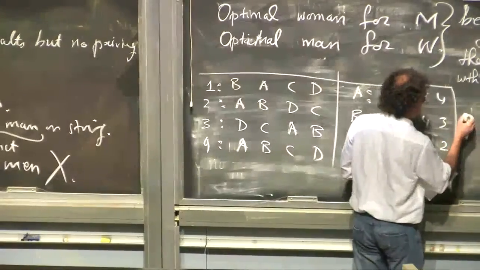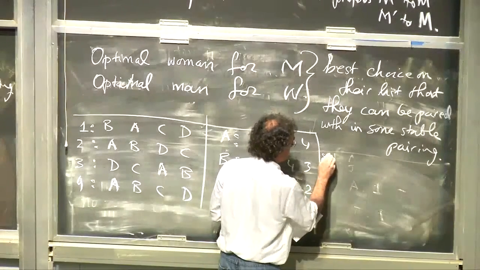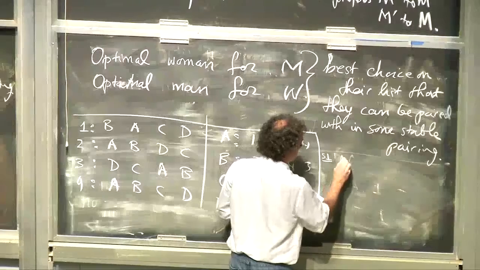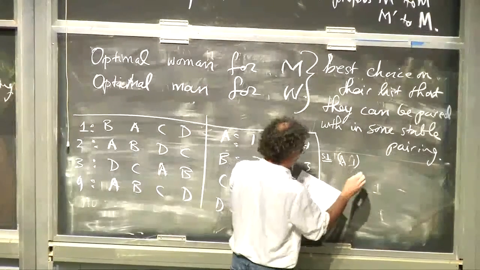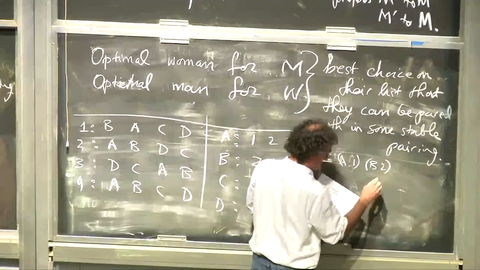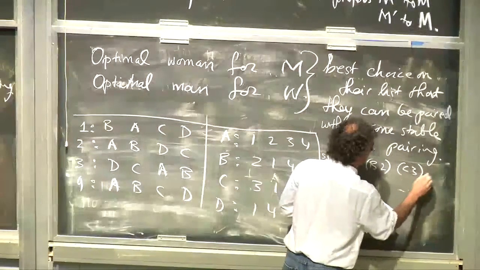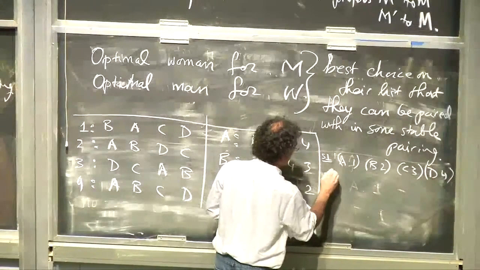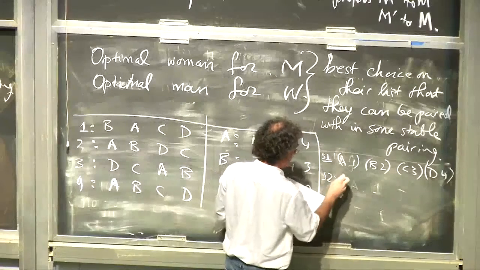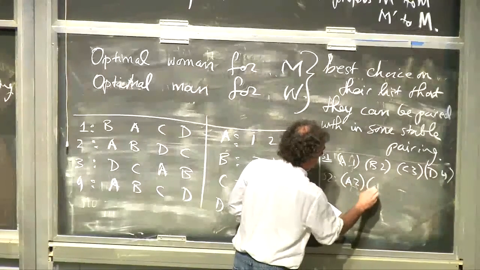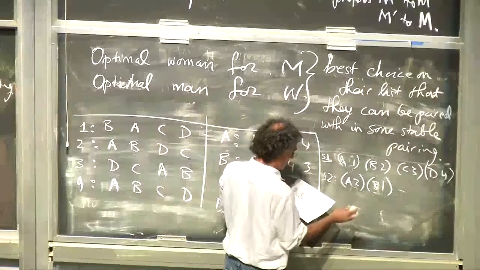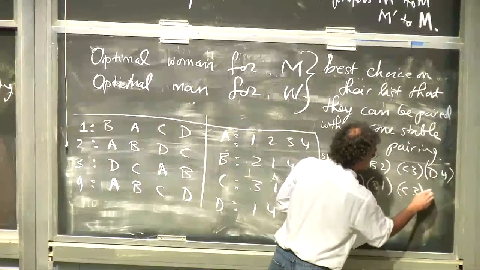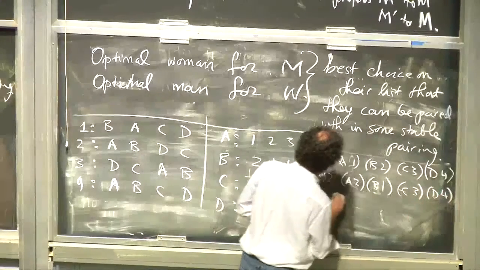Let me call them S1, which is A1, B2, C3, and D4. S2, which is A2, B1, C3, and D4.